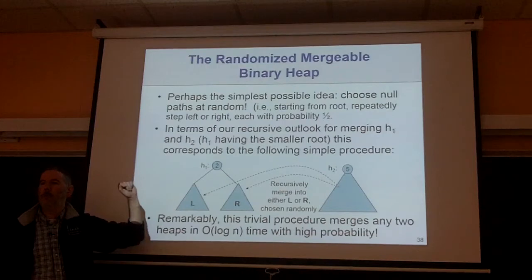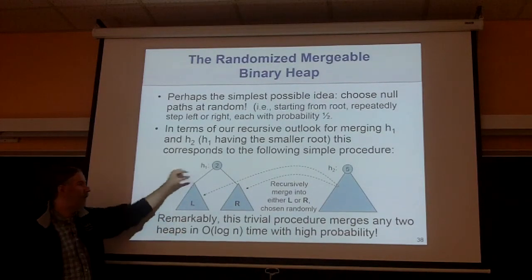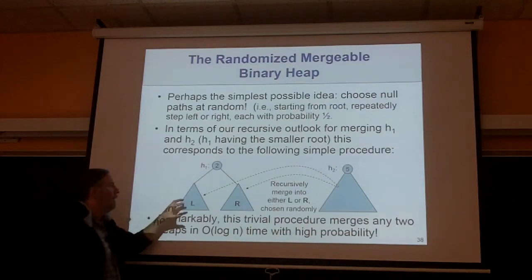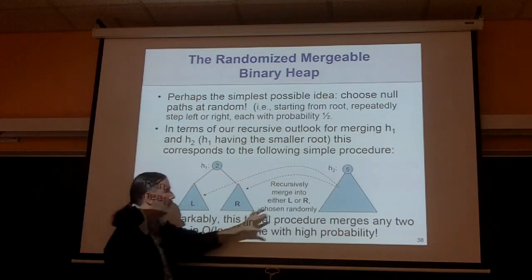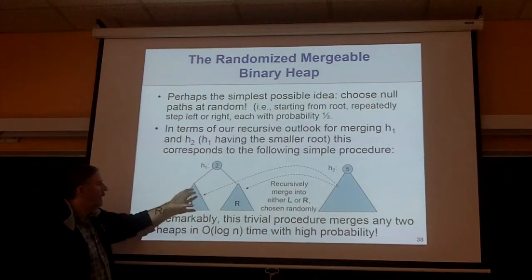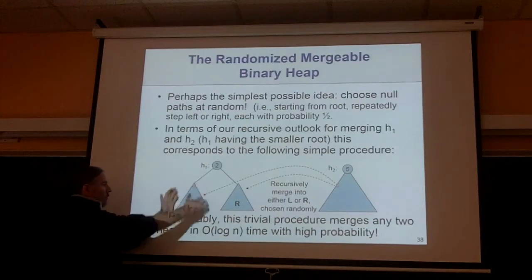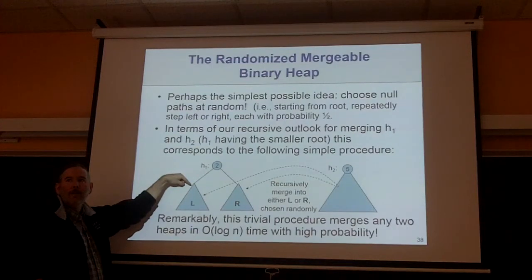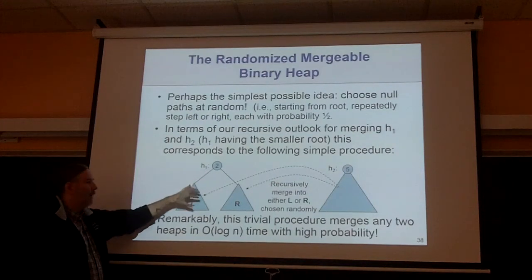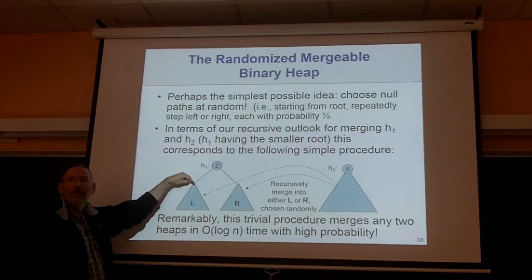So which one do I choose? The one with the smaller augmentation. So recursively, I will take the child of the smaller size and merge this heap into it, and that will give me a new tree. What's going to be sitting at the root of that tree? The new subtree size, yeah. And why is that magically going to happen?